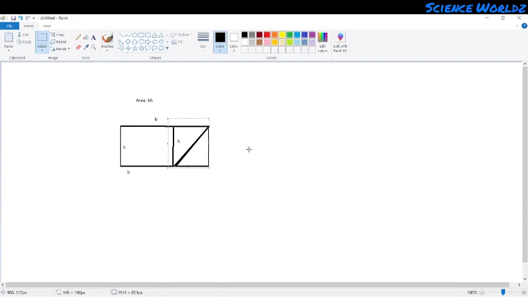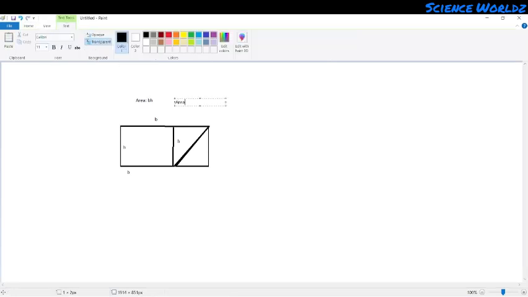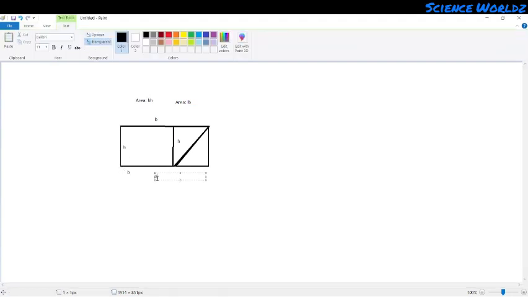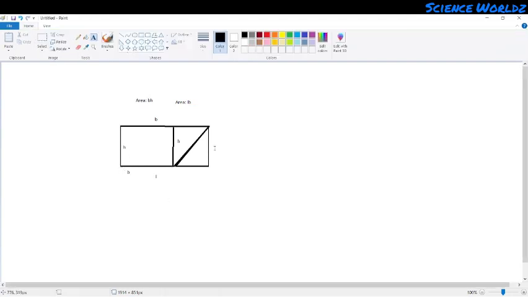The parallelogram was a bit wrong, but now as you can see it formed a rectangle, and the formula of the rectangle area is its length times its breadth. So the length is this bottom side and the breadth is this side.